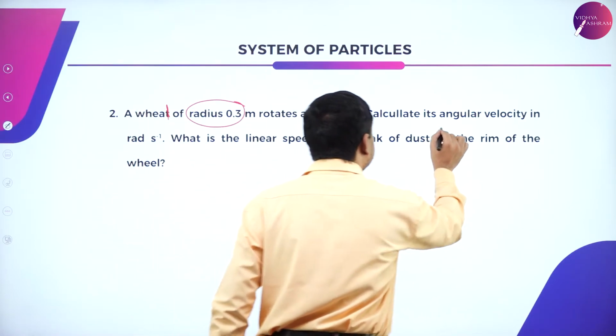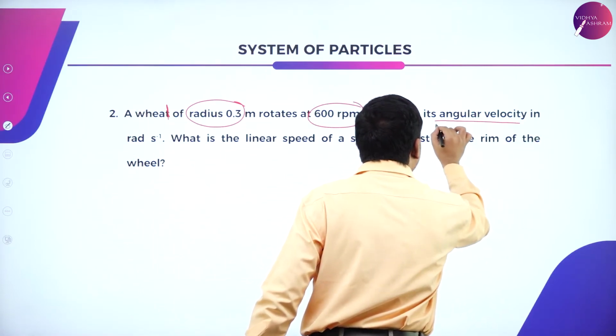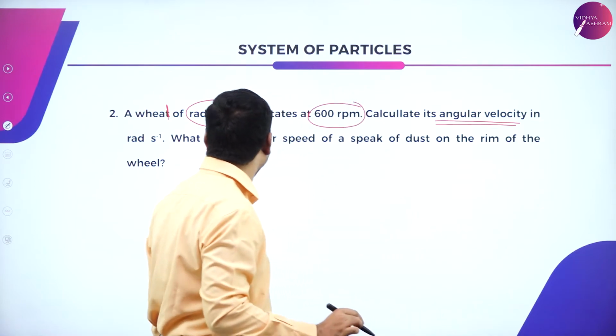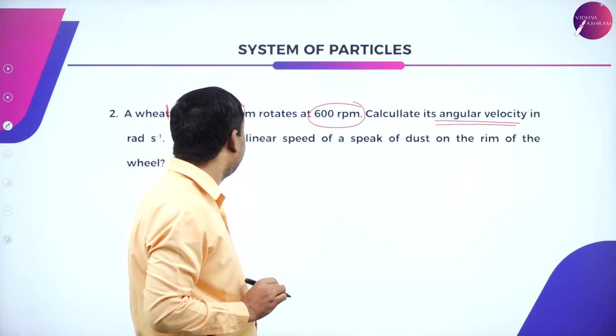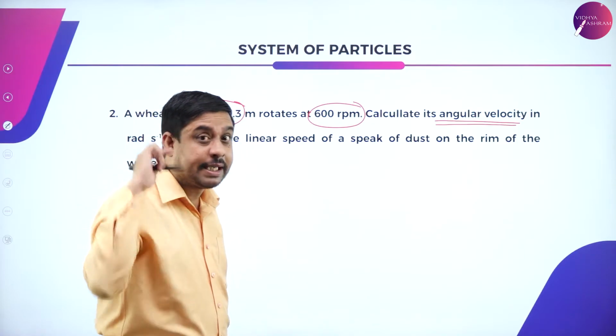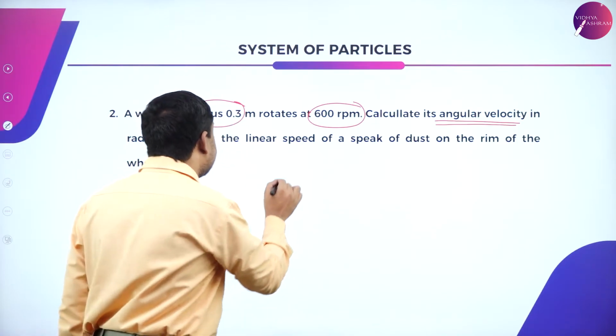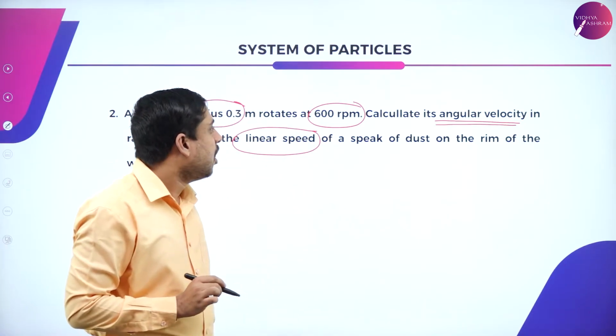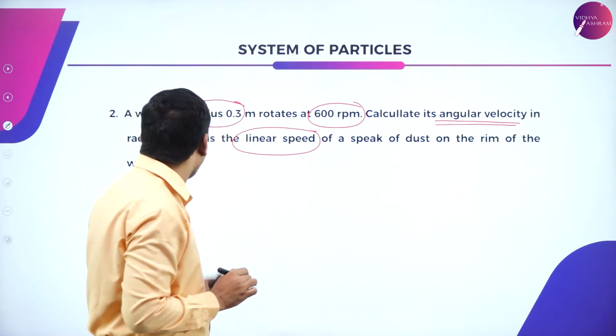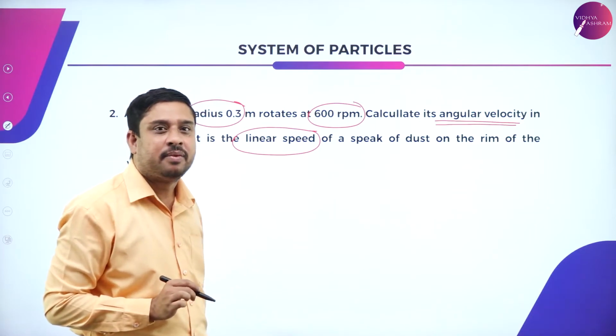Calculate the angular velocity in radian per second and also calculate the linear speed of the dust on the rim of the wheel.